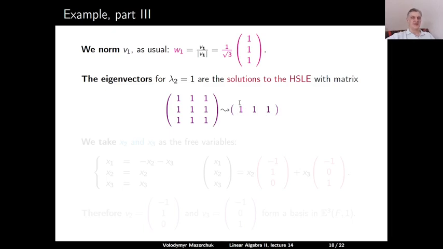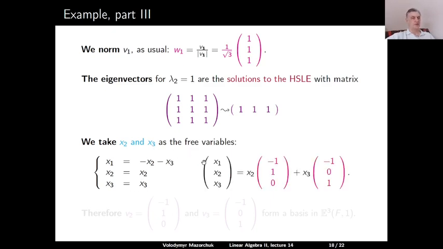The leading element is in column 1, so we take x2, x3 as free variables. From our unique row, we get x1 is equal to minus x2 minus x3. We have x2 is equal to x2 because x2 is free, and x3 is equal to x3 because x3 is free.